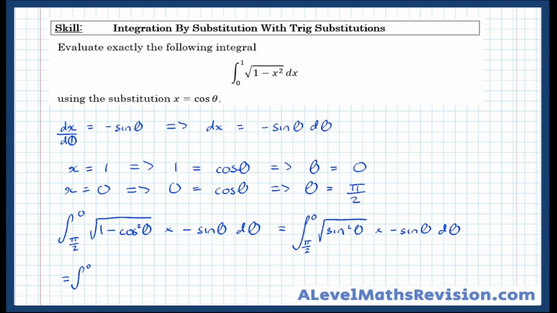So that becomes the integral between 0 and pi over 2 of minus sine squared theta d theta, since sine theta times minus sine theta makes minus sine squared theta.